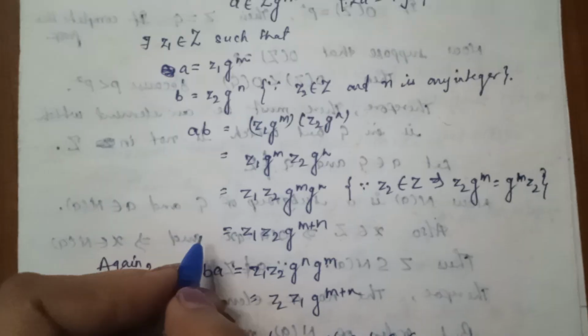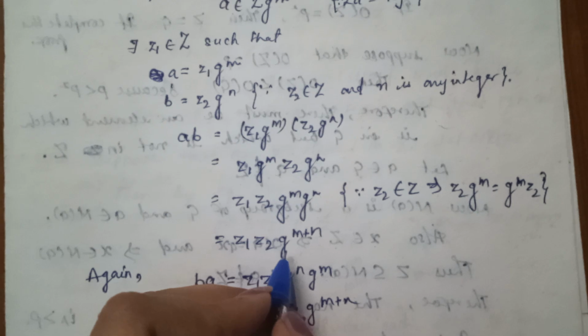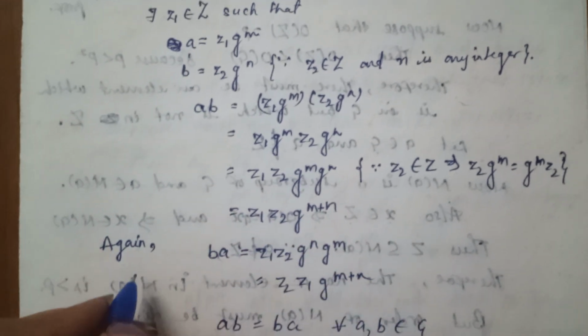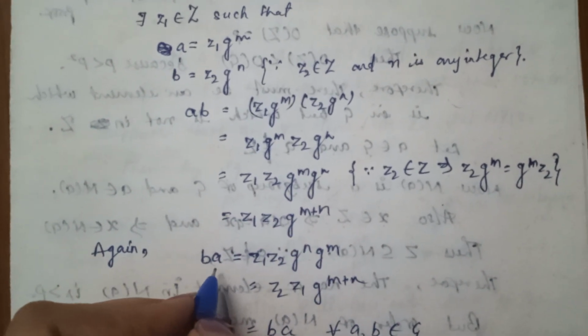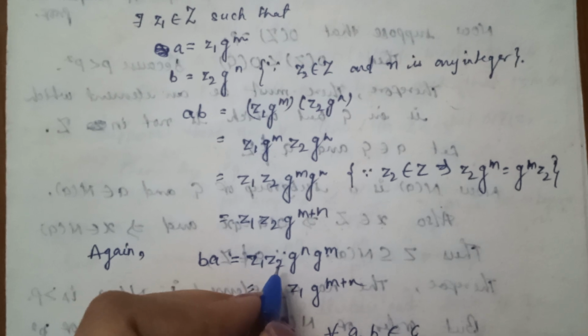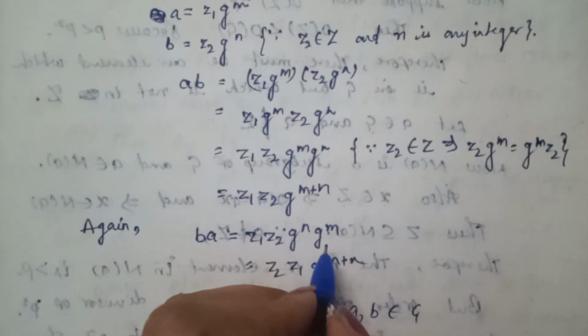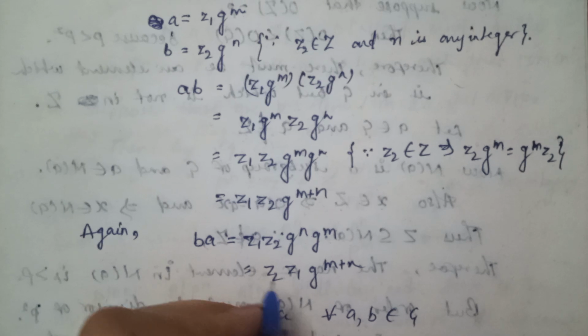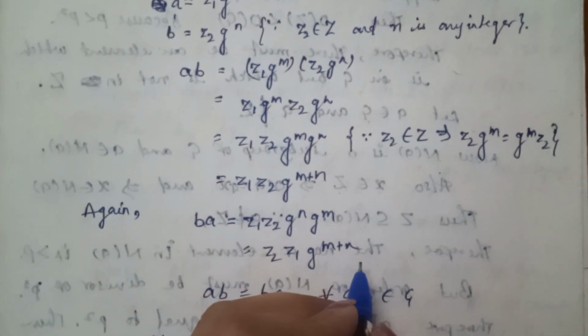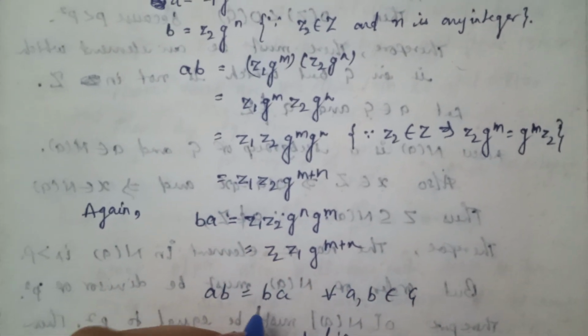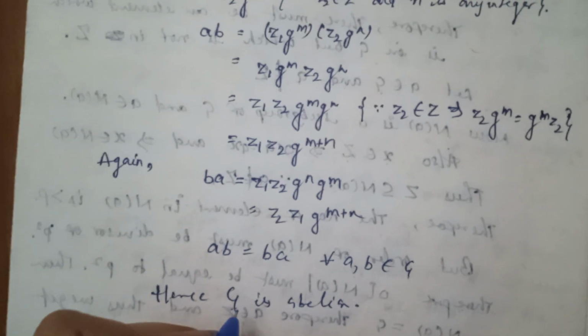So it can be written as Z1 Z2 g to the power m plus n. Again, BA is equal to Z1 Z2 g to the power n g to the power m, so Z2 Z1 g to the power m plus n. So AB is equal to BA for all A, B belonging to G. Hence, G is abelian. और यही हमें प्रूफ करना था.